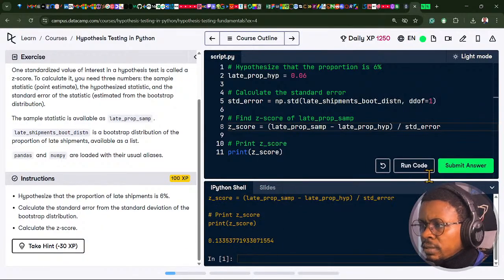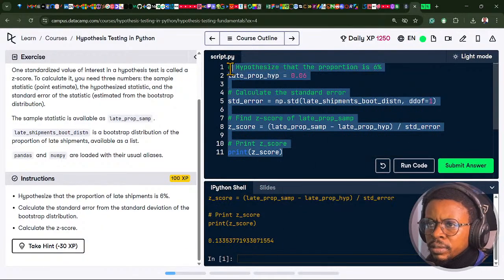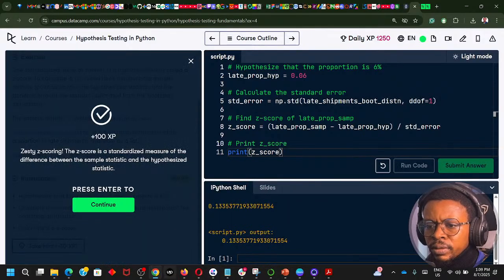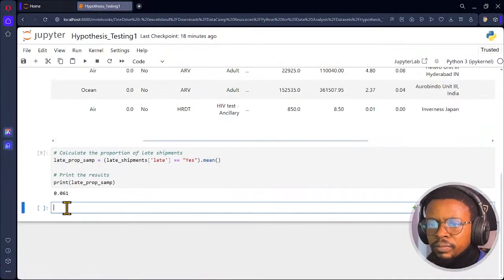Voila, we have our results here. Let's see if it nailed it. Voila, we nailed it. That's how to do that.